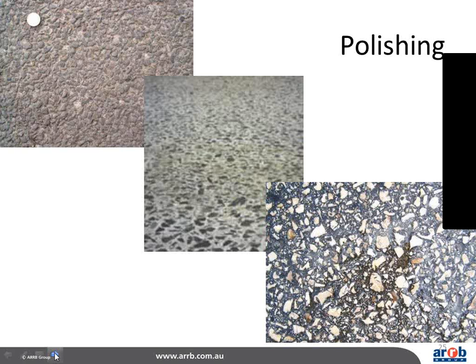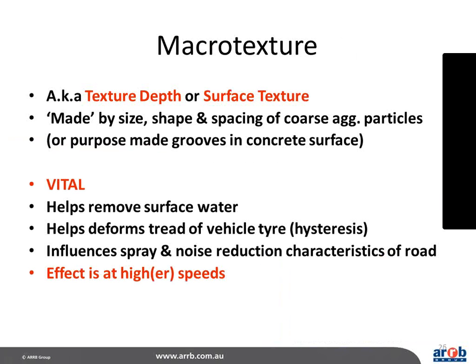Moving along to the bottom, that's a picture I took in a European country where there's a lot of polishing of the aggregate, and we put some water on that to make it look particularly shiny on the photographs. So as you can imagine, what we're getting out of our microtexture in that picture on the bottom right is a fair bit reduced. We're not getting those levels of adhesion, which then means that the wheel, the tyre, is going to slip across the surface. But remember, we're not just talking about the microtexture.